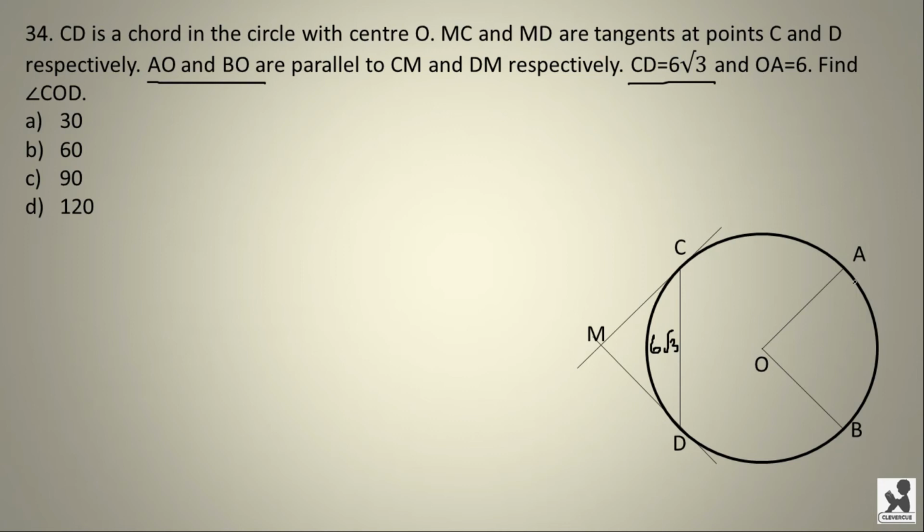If OA is equal to 6, that is OA is the radius because O is the center of the circle, so this is given as 6 centimeters. Find angle COD. Angle COD is asked. So let us join these points. Let us name this angle as theta.